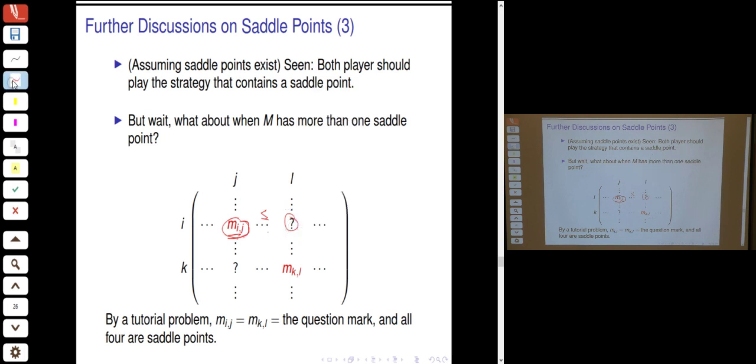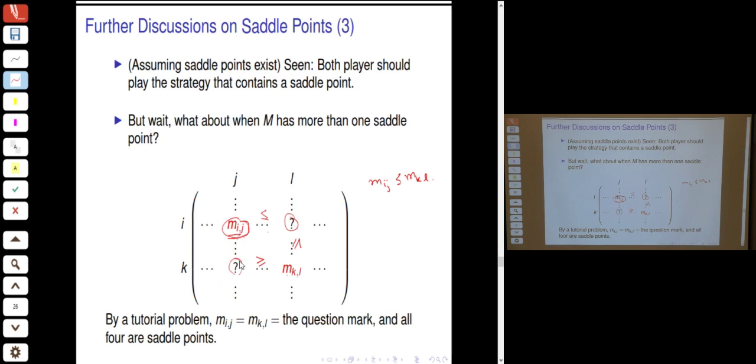Again, since Mkl is also a saddle point, Mkl must be the maximum in its column. So Mkl should be bigger than or equal to the question mark. So this shows that Mij is less than or equal to Mkl. Similarly, now start with Mkl. Since Mkl is a saddle point, it must be the minimum in its row, so Mkl is less than or equal to this question mark.